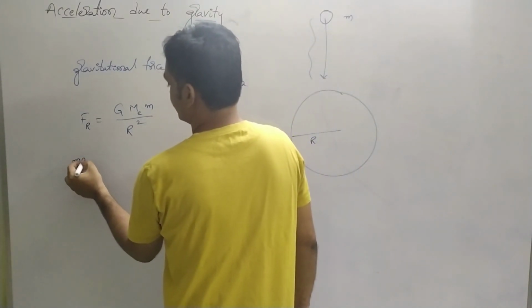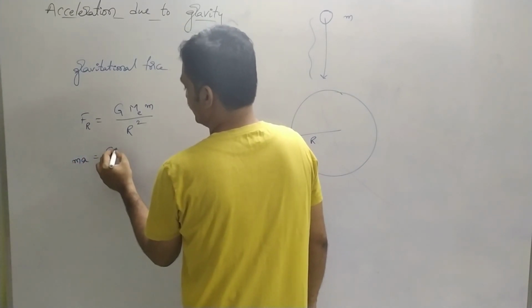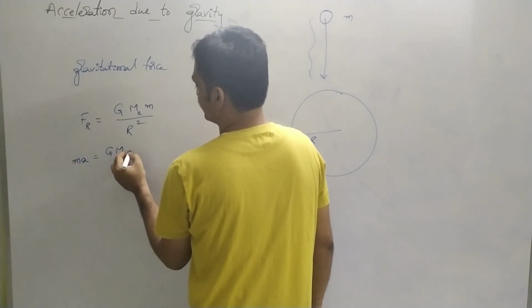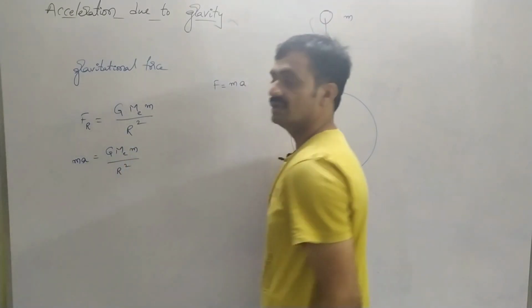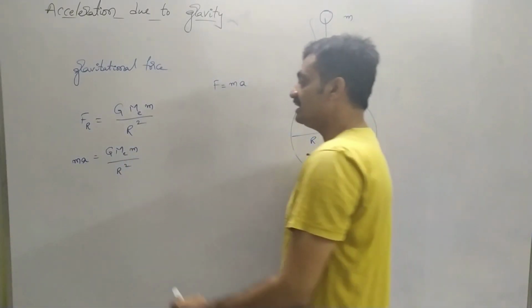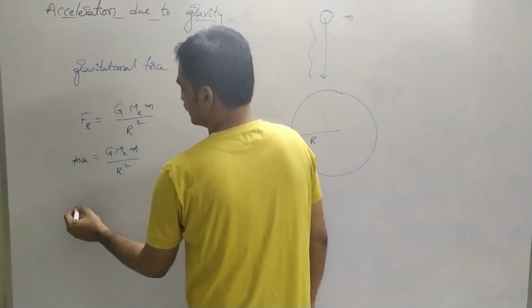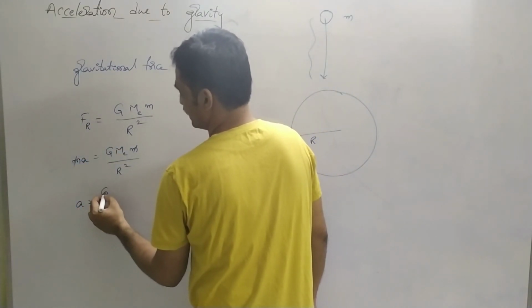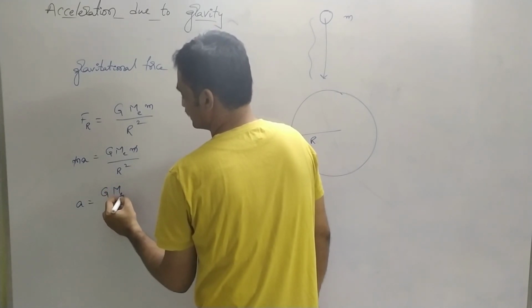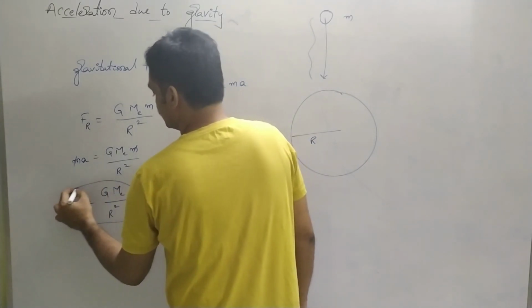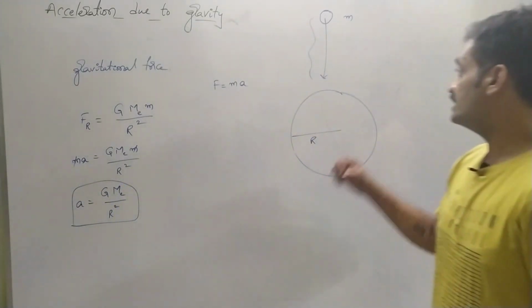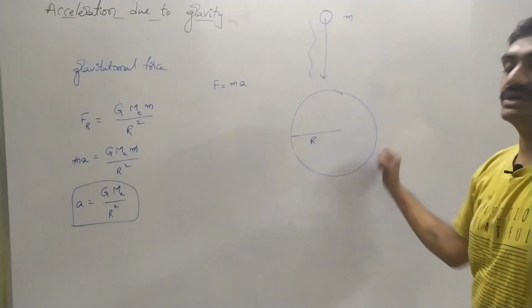So as we substitute the value, ma is equal to G capital M suffix E small m by r square. Observe that m gets cancelled on both sides, and a is represented as capital G M suffix E by r square. So this represents the acceleration gained by this body.